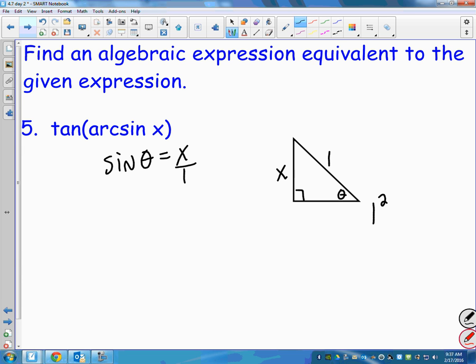I could say 1 squared equals x squared plus this side that I don't know. I'm going to subtract the x squared over, and I'm going to take the square root of both sides. And I get that this side would equal the square root of 1 minus x squared.